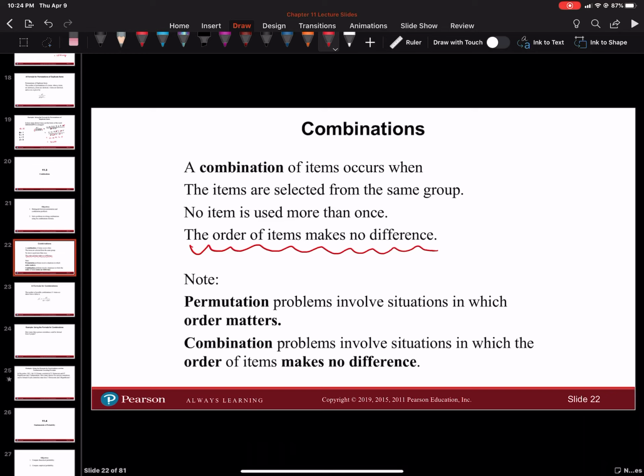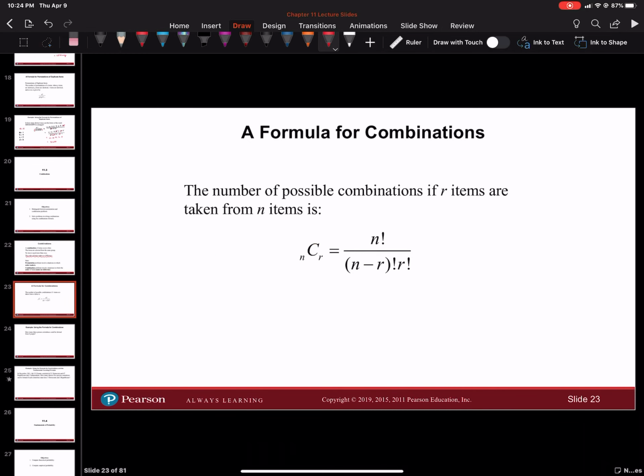So let's look at the actual equation for combinations. The formula for the number of possible combinations, if R items are taken from N items, is NCR. Remember we did NPR before. Now this is NCR, so N choose R. Out of N items, I'm choosing R items, combination-wise.